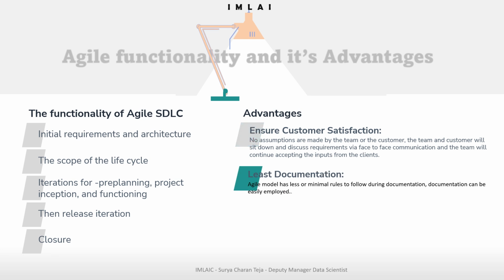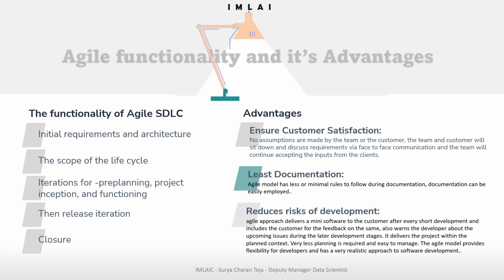And the second thing, least documentation. Agile methodology has minimal rules to follow during documentation, so documentation can be easily employed. Compared to other models, there is a reduced risk of development. The agile approach delivers a mini software to the customer after every sprint or every short development cycle, includes the customer for feedback, and gets the feedback after every short development, and if there are any changes to be made.